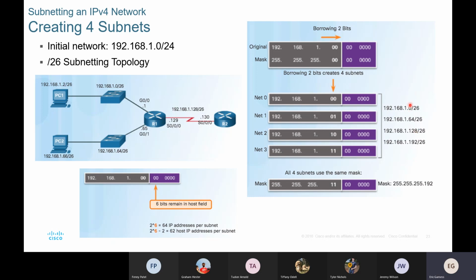So now I have 4 subnets, and I can map them here. For example, here, they took the first subnet and put it here. They took the second subnet and put it here. And they took the third subnet and put it here. We have a third network here.